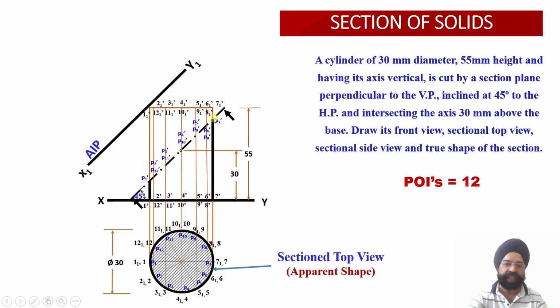On the outermost side, I am having 2 points, that is P1 dash and P7 dash. So outermost projectors will have only 1 point, whereas the interior 5 projectors which I am going to draw will be from P2, P12, and then P3, P11, P4, P10, P5, P9, and P6, P8.